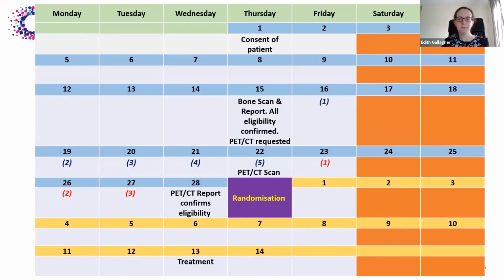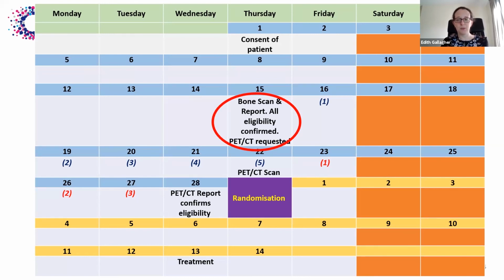Apologies for the amount of information on this slide, but this shows how the timeline actually fits into a 5-day working week. In this case, it was really fortunate that the bone scan and the report were all completed on the same day, which allowed the eligibility to be confirmed and the PET-CT request to be sent through later that same day.